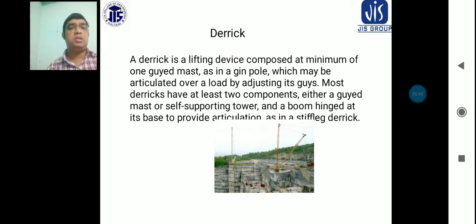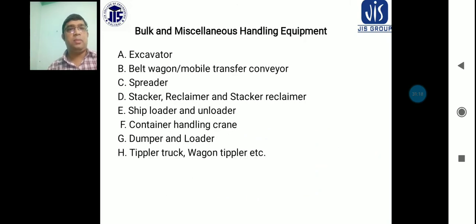A derrick is a lifting device composed at a minimum of one guy or mast, as in a pinhole, which may be articulated over a load by adjusting its gauge. Most rigs have at least two components, either a gate mast or shape supporting towers, and a boom hinged at the base to provide the articulation, as in the shifting rigs used at different construction hubs.